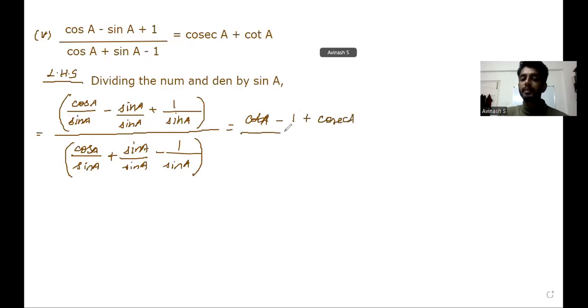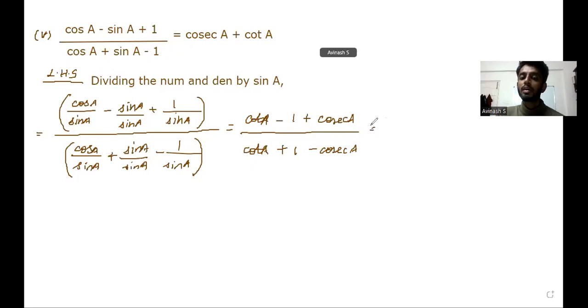This was our idea. Likewise, in the denominator we get cos A by sin A, which is cot A, plus sin A by sin A, which is 1, and 1 by sin A is cosec A. And then we reorder this.